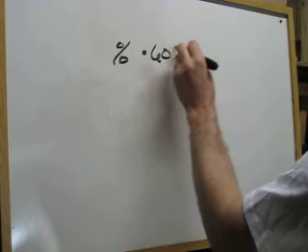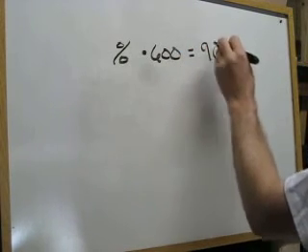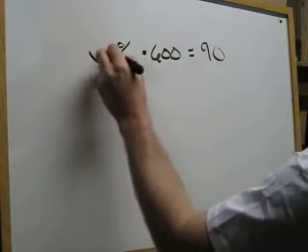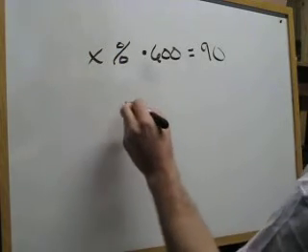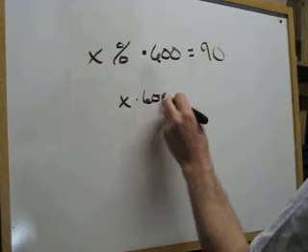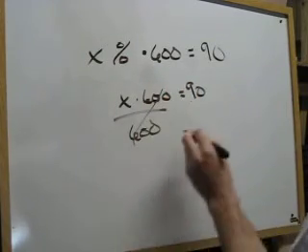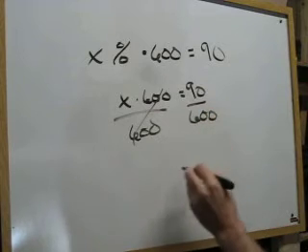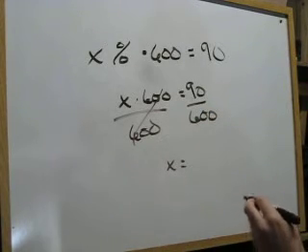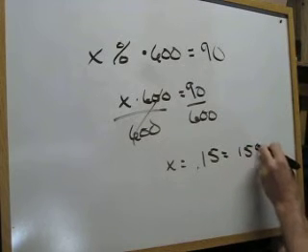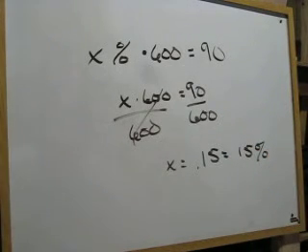So we put that with our percentage, and then our number that's left over goes in the only leftover space. So what we're looking for is the commission rate. So again, X times 600 equals 90. Divide by 600. Those will cancel then. 90 divided by 600 will give us a decimal that we will eventually have to change to a percent. Move the decimal place over two, and we get 15%.